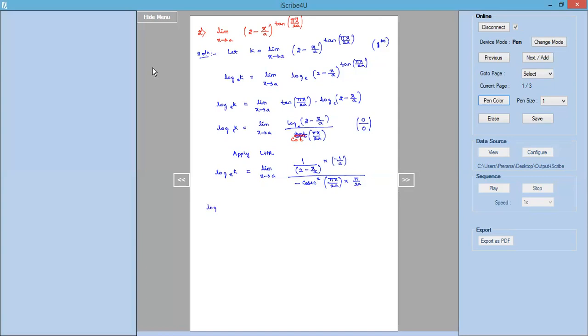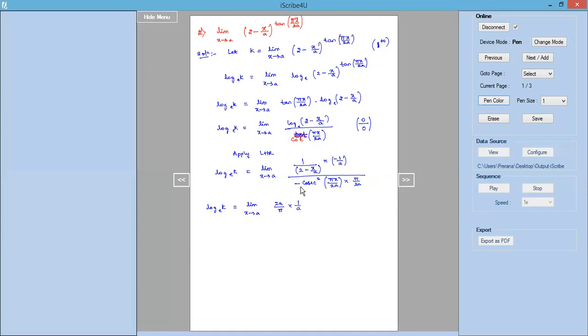So we have log k to the base e is equal to limit as x tends to a. Let me rearrange this and write it down. It is 2a divided by pi into 1 by a. I wrote pi by 2a, the reciprocal of this becomes 2a by pi. And this 1 by a constant I've written as it is.